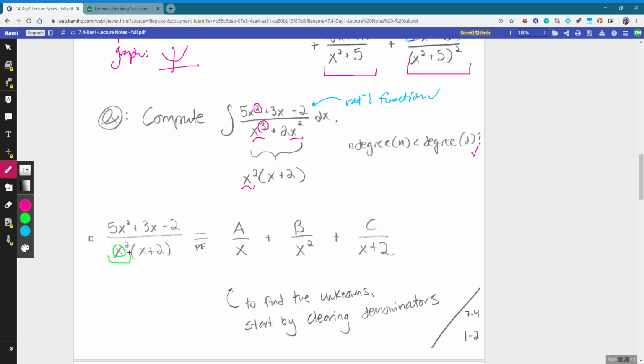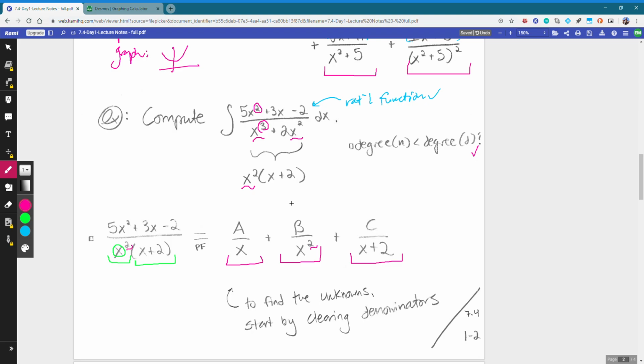And because of the exponent of 2, we're going to get 2 terms associated, where the exponent on that factor leads up to the exponent that we see, starting at 1 and ending at 2 in our case. And because x is linear, we'll just have an unknown constant up top. And then we also have this factor x plus 2, that's linear. And so partial fractions says we'll associate 1 term for it, and the numerator could just be some constant.